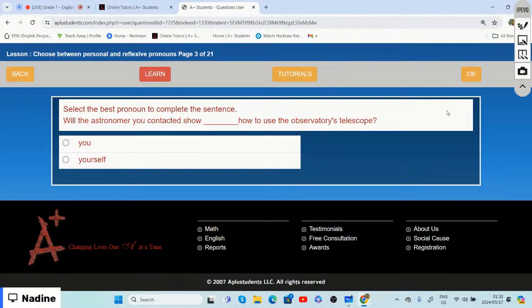Choose between the personal and the reflexive pronoun. We need to select the best pronoun. Will the astronomer you contacted show you how to use the observatory telescope, or show yourself how to use the observatory telescope?